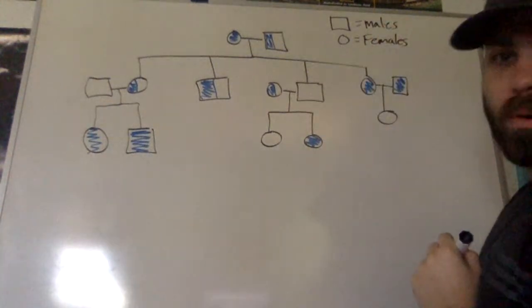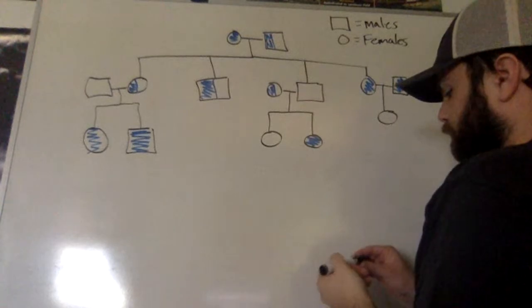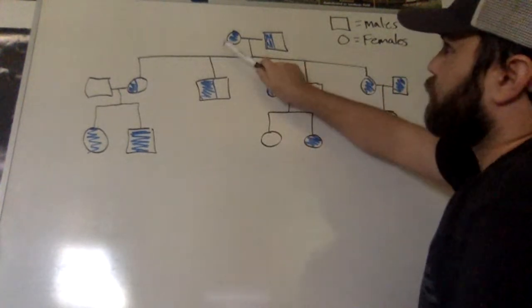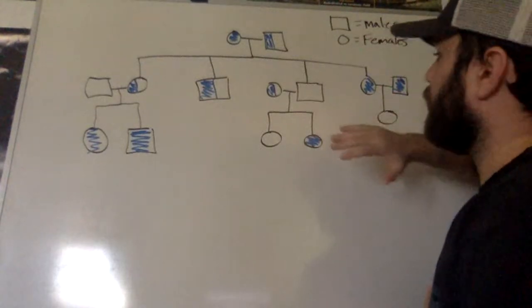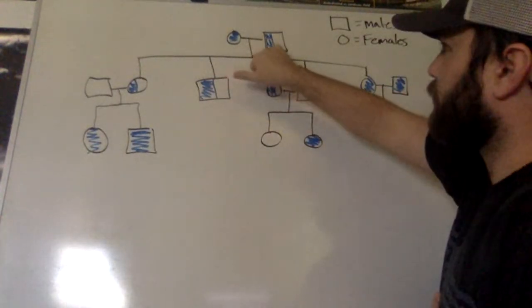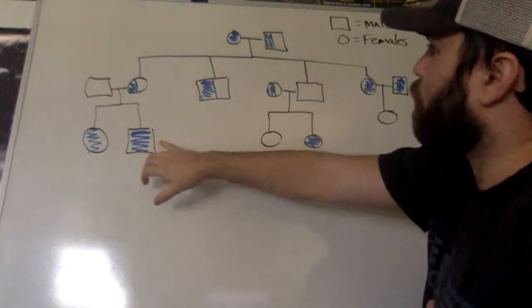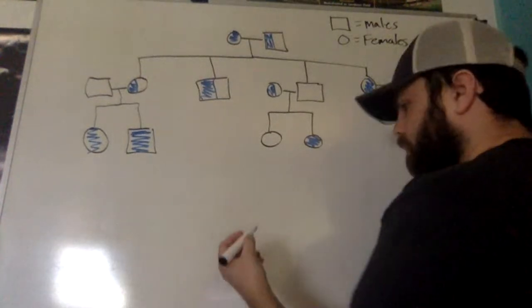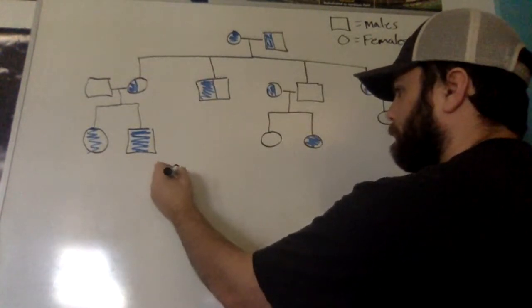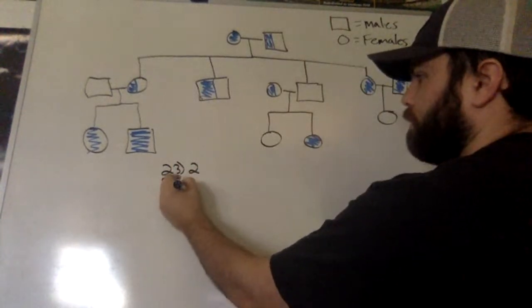So we are going to count how many males are fully shaded in. He's not affected, he's not affected. We got 1, we got 2. So for number 23, we have 2.